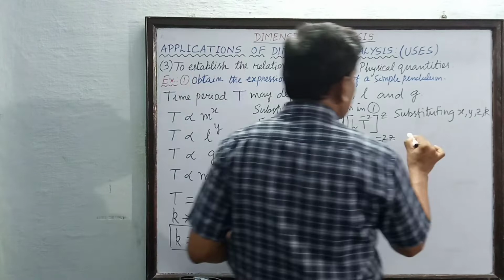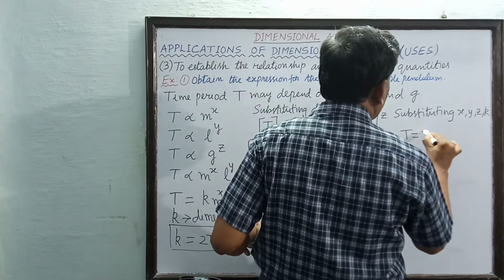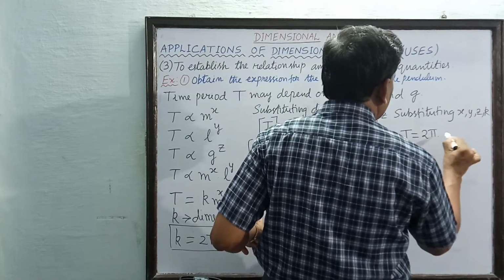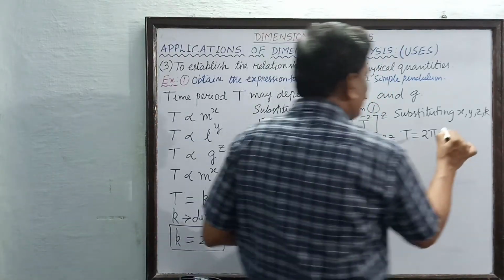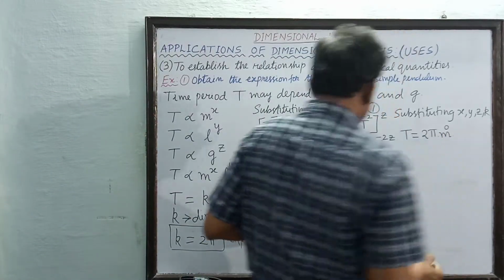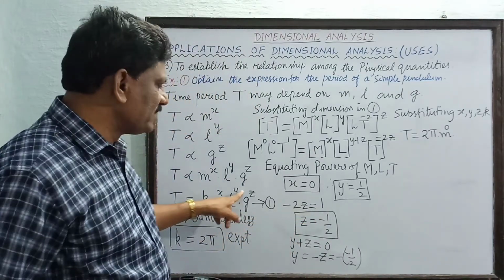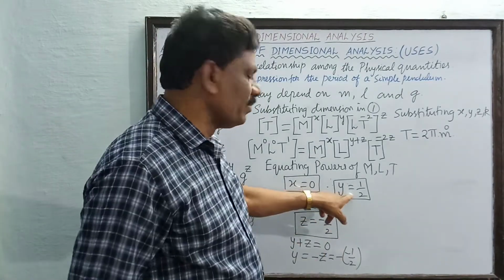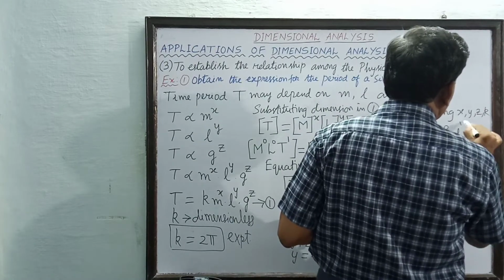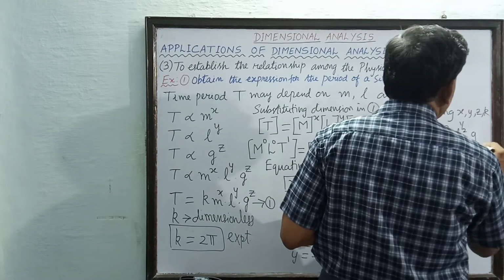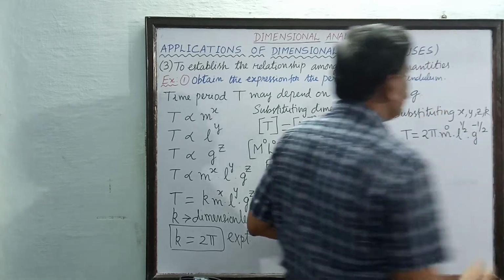So left hand side is what? T is equal to k, which is 2 pi, into m raised to the power what? X. So m raised to the power 0, into next one is L raised to the power y. L raised to the power y means what? Half. So into L raised to the power 1 by 2 into g raised to the power minus 1 by 2.